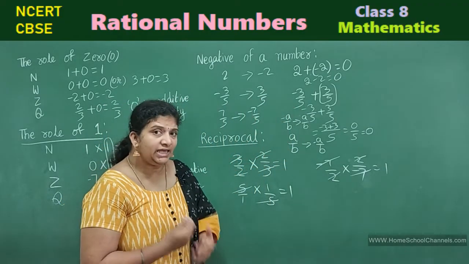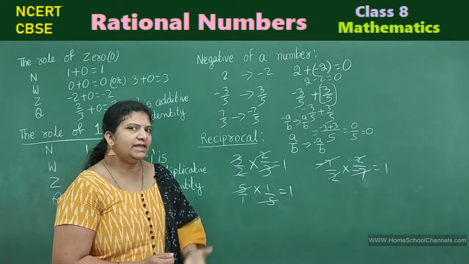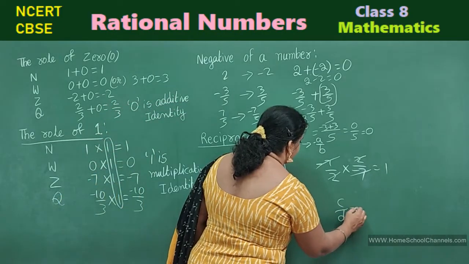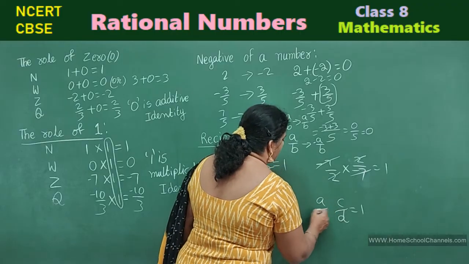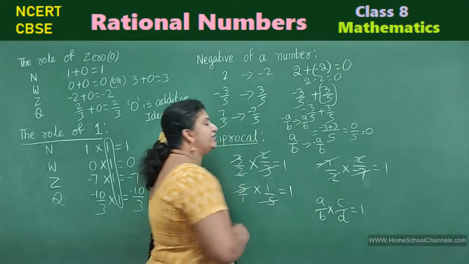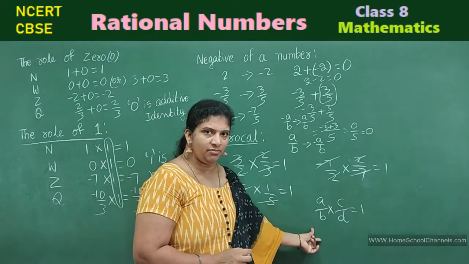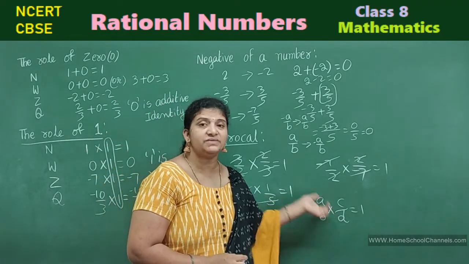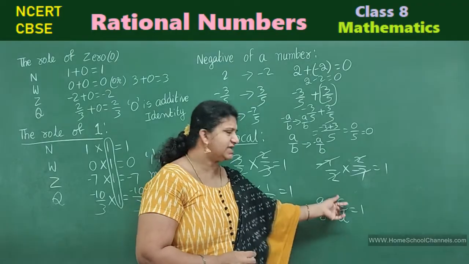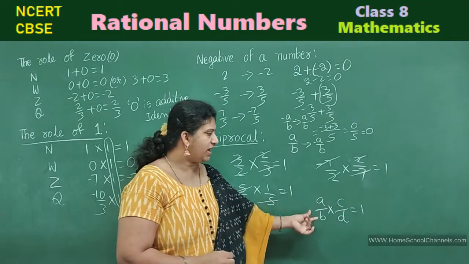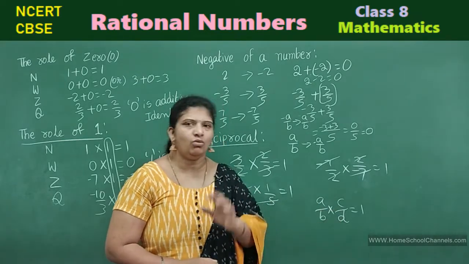For any rational number A by B, the reciprocal will be C by D, such that A by B into C by D is equal to 1. This is a rational number and this is the reciprocal of the rational number. You can say B by A also, or you can write C by D. A by B into C by D is equal to 1.